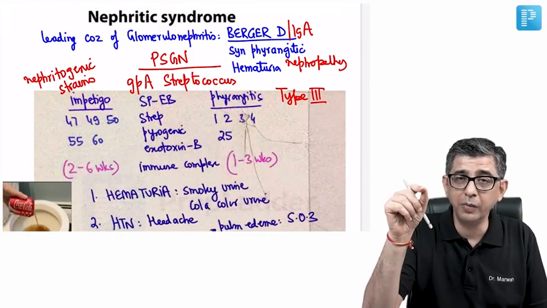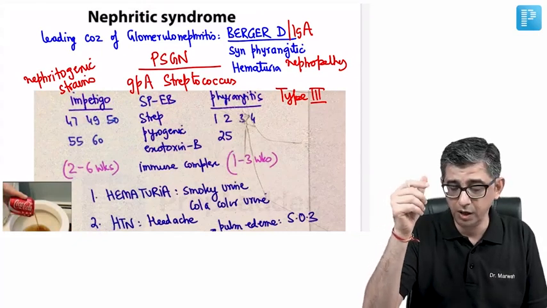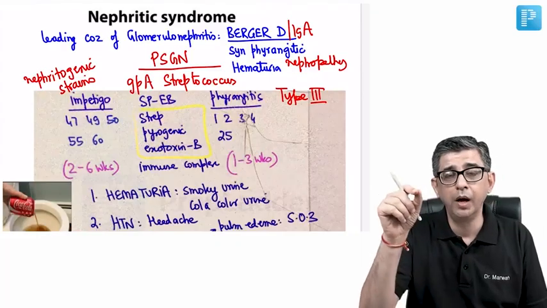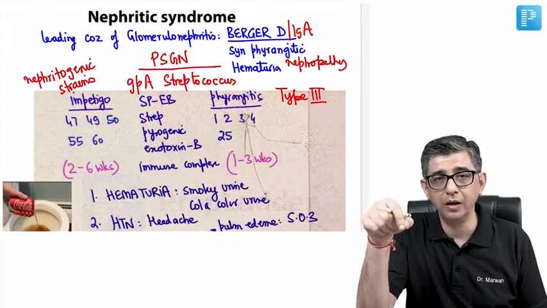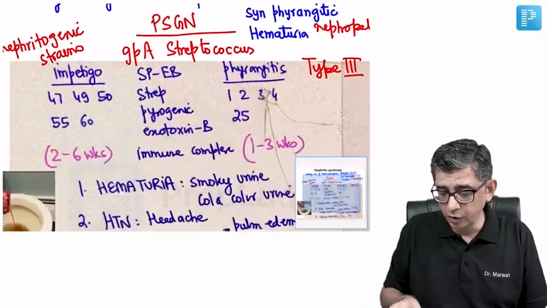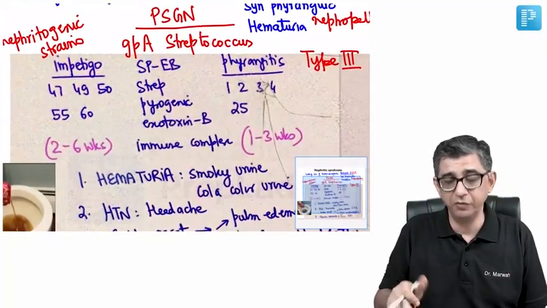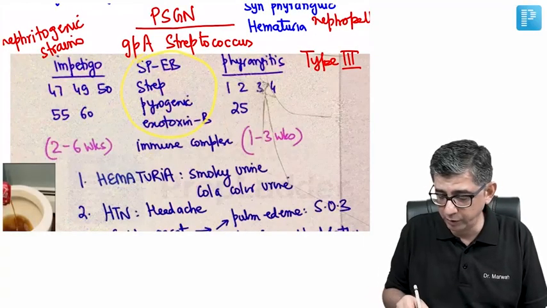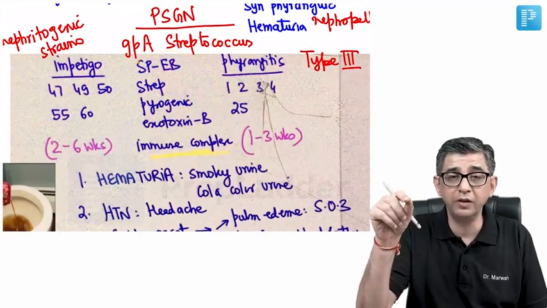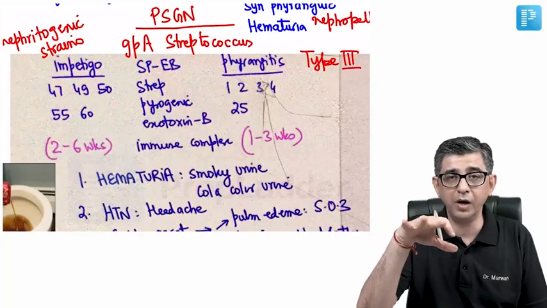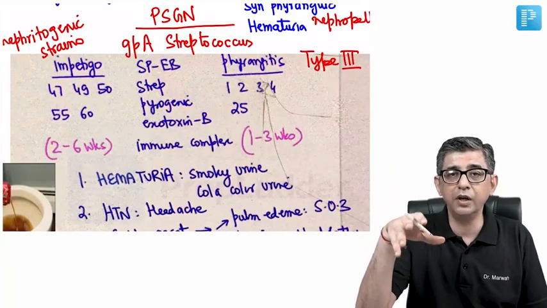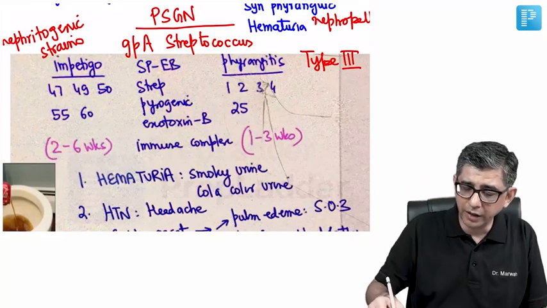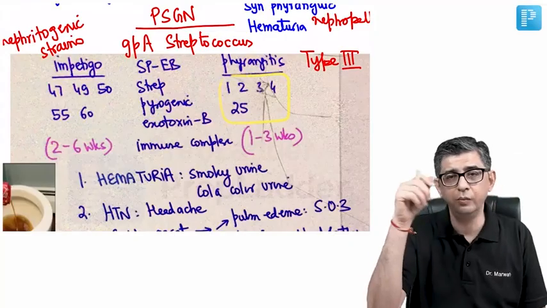What is present on the bacteria which is causing immune complex production is a special antigen, that is SPEB, streptococcal pyrogenic exotoxin B. I repeat again, SPEB is the name of the special antigen on the surface of this bacteria which results in antibody production, which combines with this antibody to produce immune complexes, and these immune complexes then get distributed across the entire glomerulus. And if you do an immunofluorescence study in this patient, you always get a presentation of starry sky kidney.